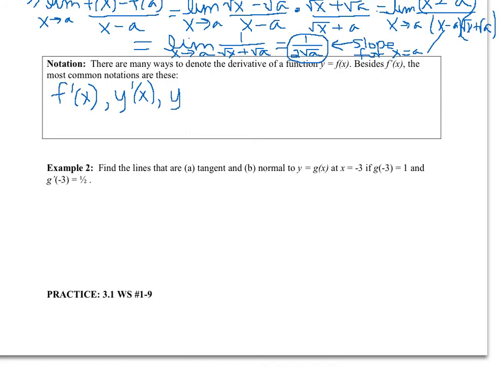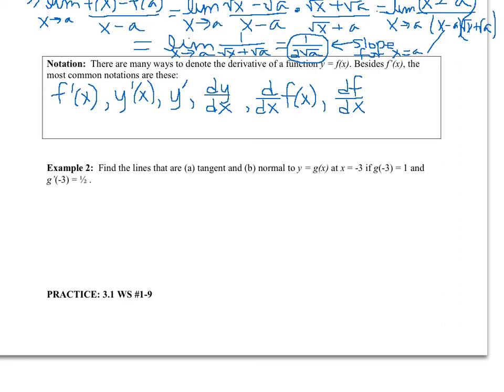Another way is just y prime. You can also use dy dx, which I believe we used last chapter. You can also use d dx of f of x. And you can also use df dx. All of those things mean the same thing. It means the derivative.